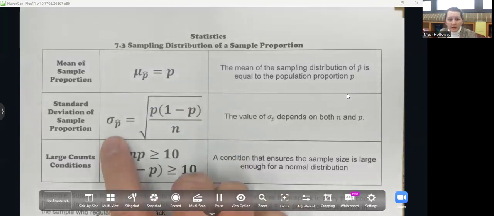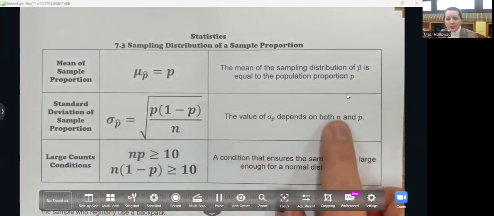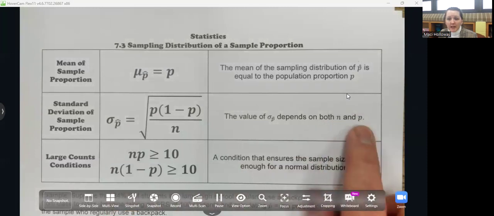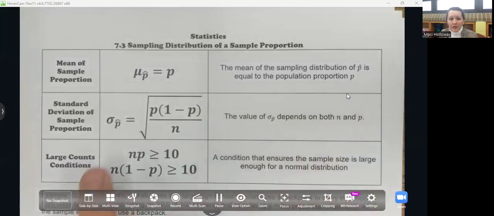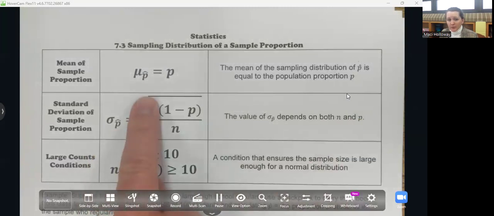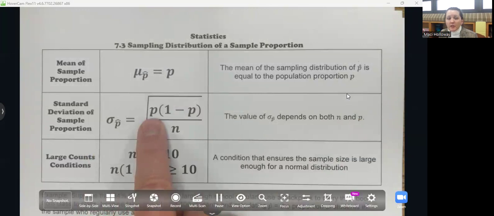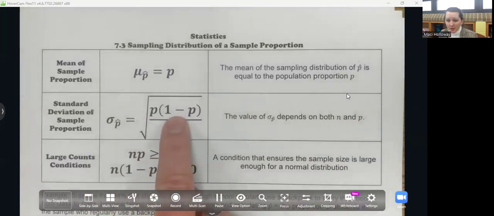The standard deviation of a sample proportion depends on both our sample size and our population proportion. So the standard deviation of our sample proportion is equal to the square root of our population proportion times 1 minus our population proportion.